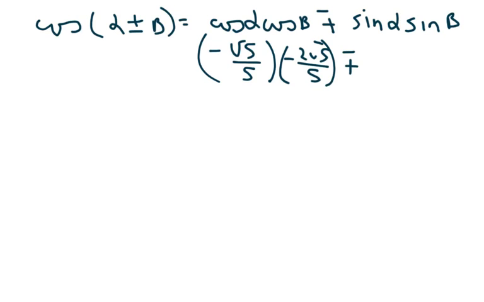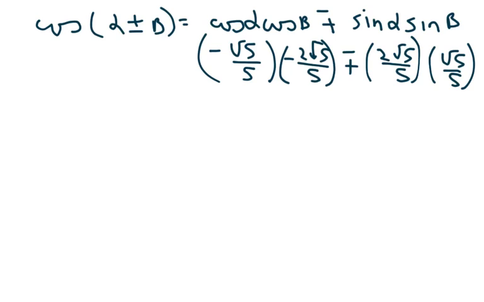Minus plus sine of alpha is 2 root 5 over 5. And sine of beta is root 5 over 5. So we get, this doesn't look nice here, I'll fix that. So that's going to be positive 2 times 5 is 10 over 25 minus plus 10 over 25.